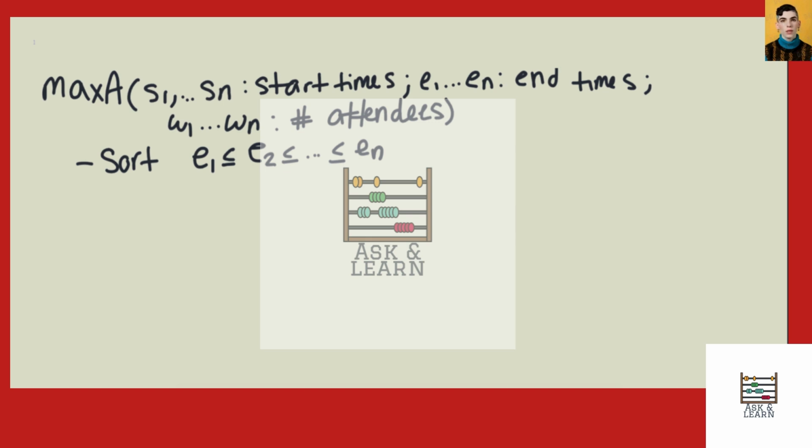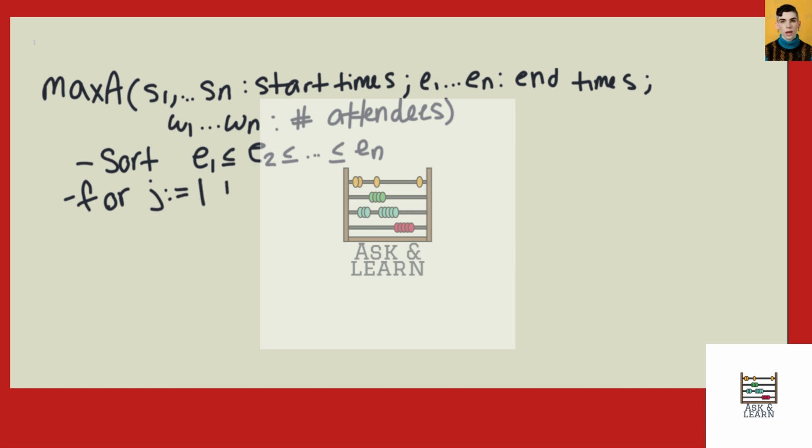And so the first thing to do is determine for each talk if there are any talks with earlier end times that are compatible. What that means is, if a talk, say, ends at 1, anything that starts after 1 would be compatible with it.